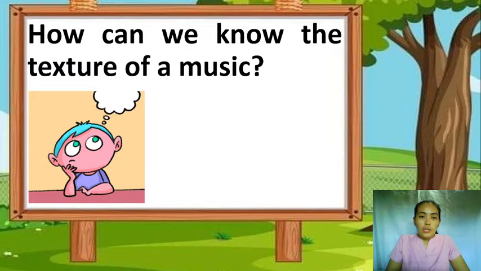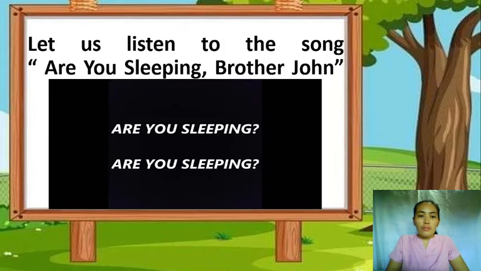Very good. By listening to the music, we can know its musical texture. Let's proceed. I have here a song titled Are You Sleeping, Brother John? We're going to listen to the song.